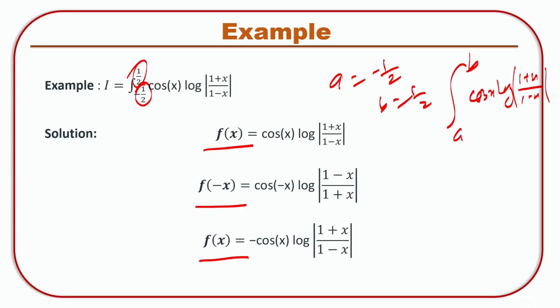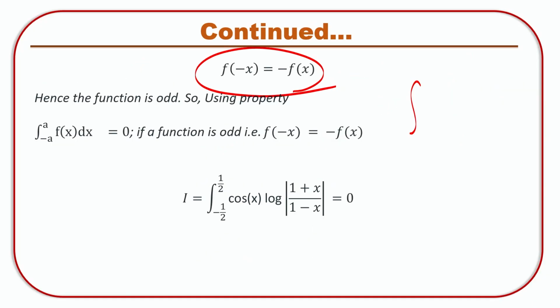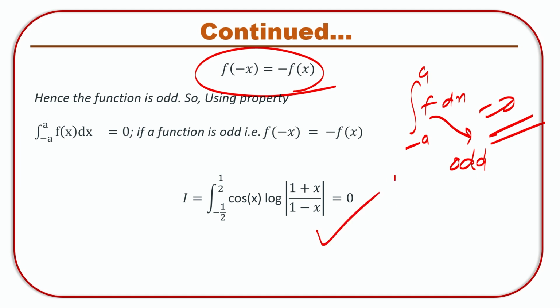Those properties will help you make the problem much easier, and the solutions will come out very easily. So as you can see here, from minus 1 by 2 to 1 by 2, this is the integral from minus a to a of f x dx, and f is an odd function, and we know the answer is equal to 0. So without any evaluations, you will find the answer, right?